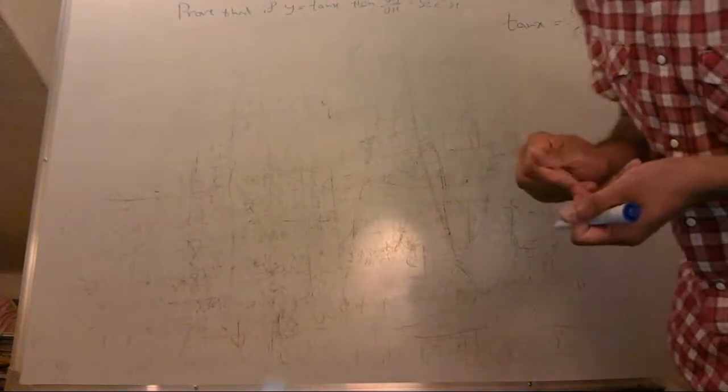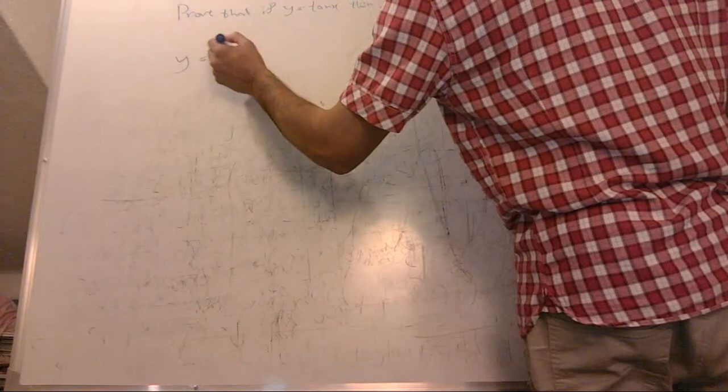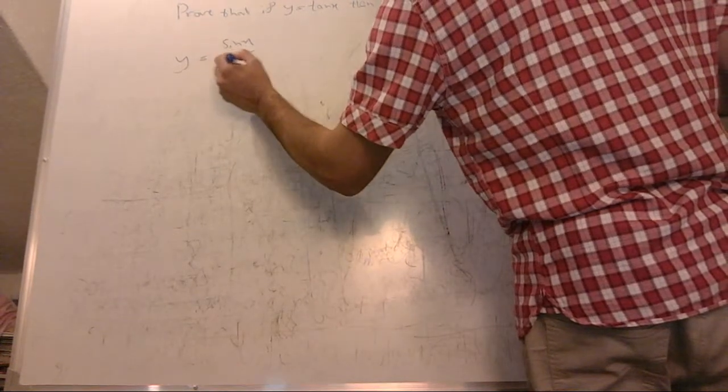Let me write that slightly below so you can see it. So tan x equals sin x over cos x, which means we can use the quotient rule to do this. So our y equals sin x over cos x.